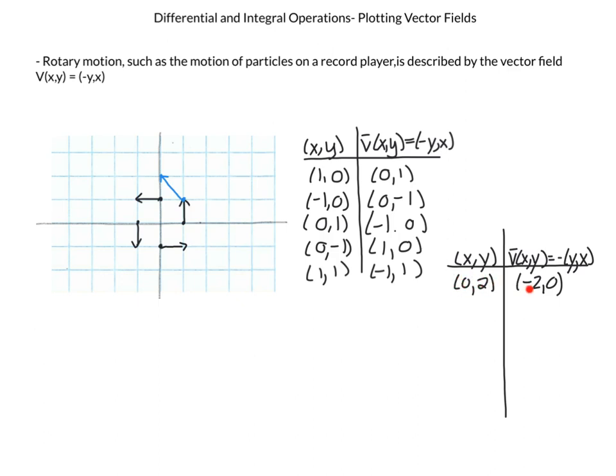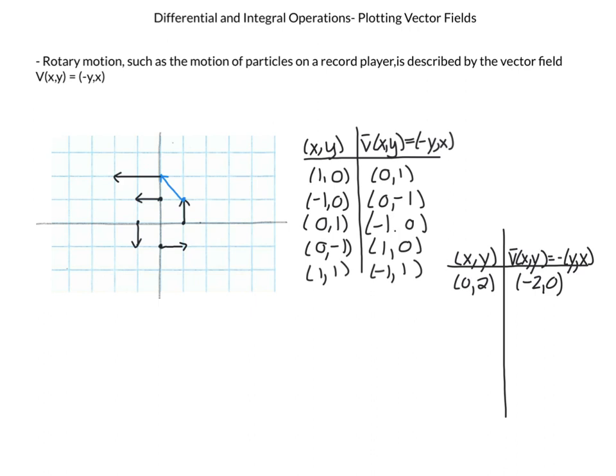And when I plug that in, I get -2, 0, which is this vector here, right? I have a vector that's -2 in the x direction, 0 in the y direction, and I want to move that to the end of my last vector.